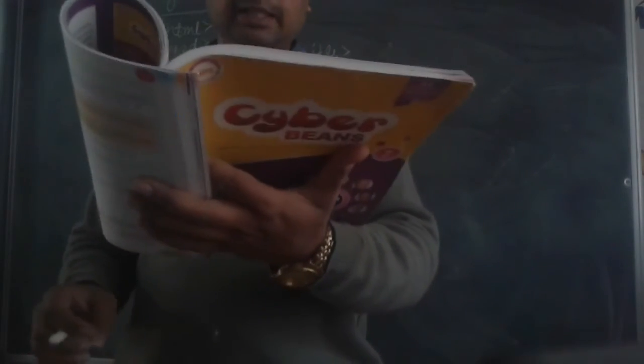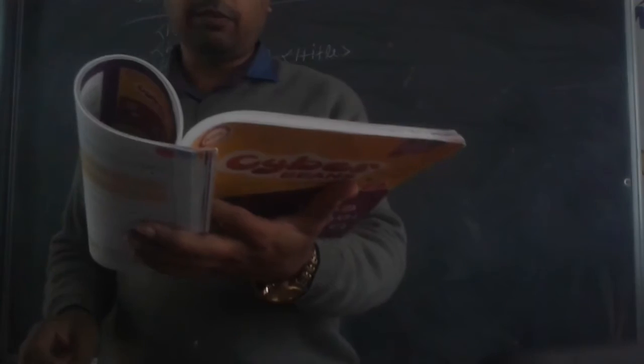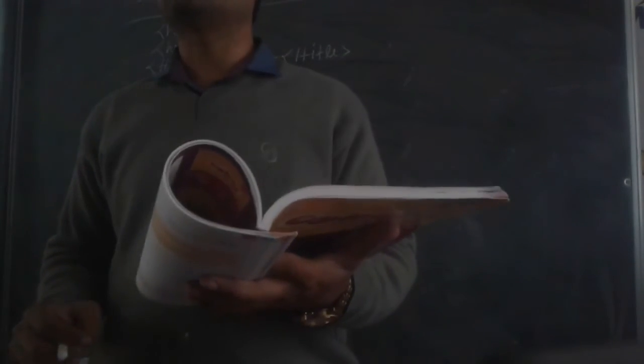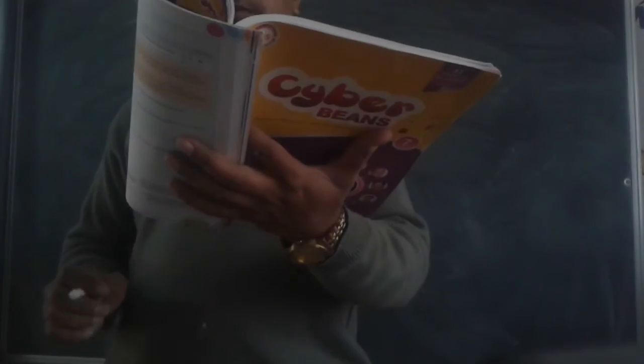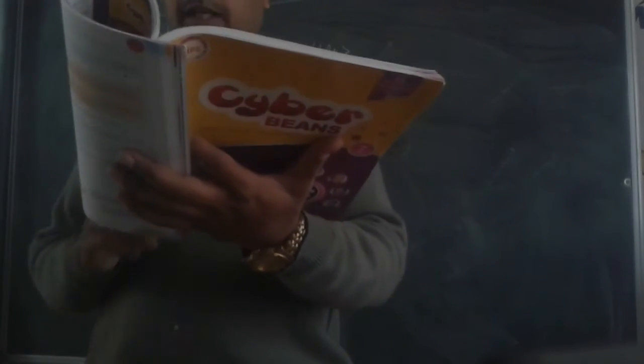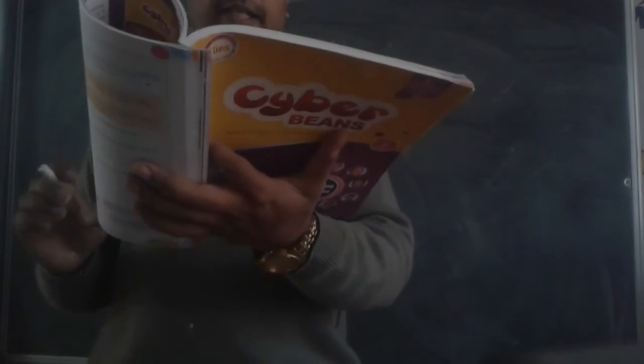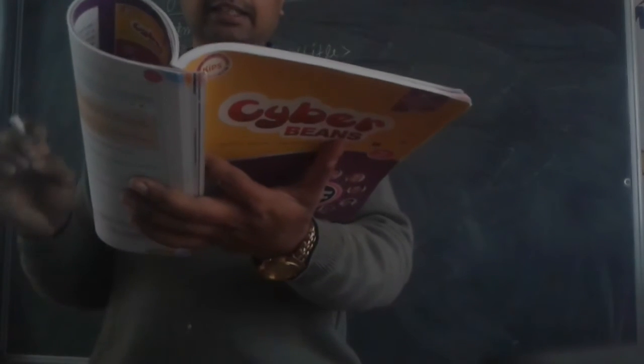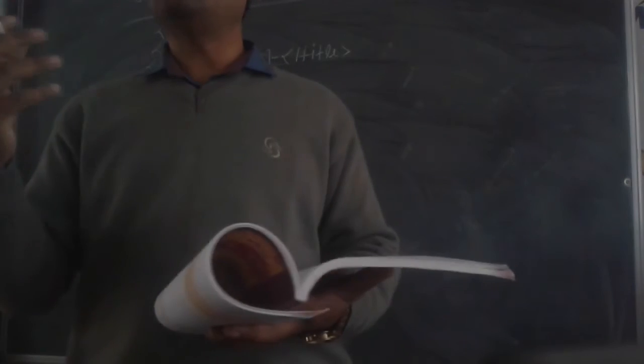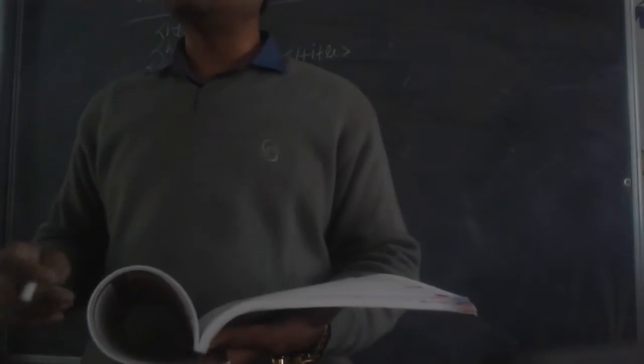What is description list? First, a description list consists of a term followed by its definition. It is used to present a glossary, list of items or other name-value list. It starts and ends with DL and close DL. Means if we are dealing with description list, DL and closing of DL we will use.